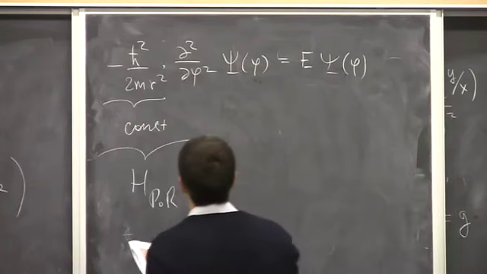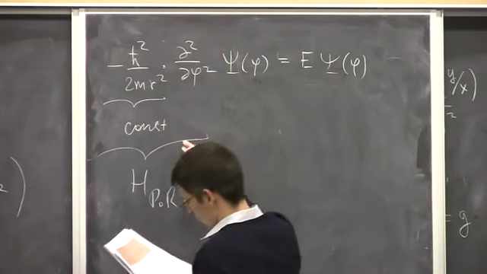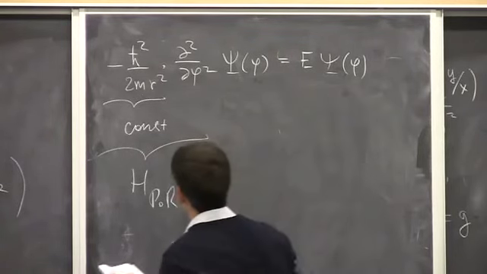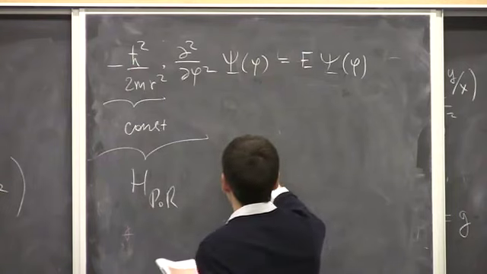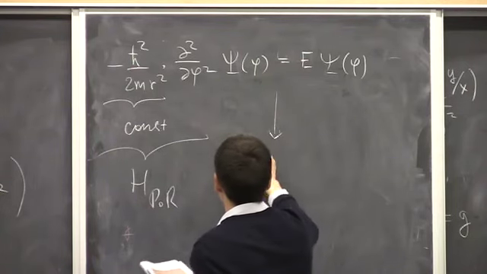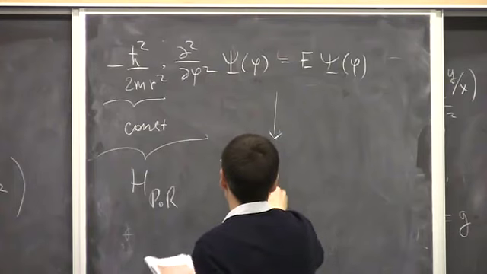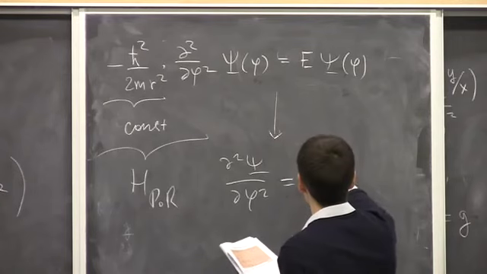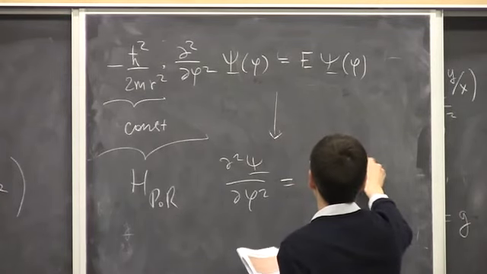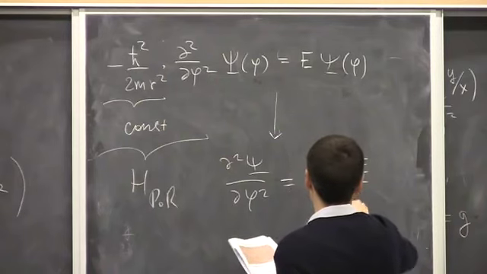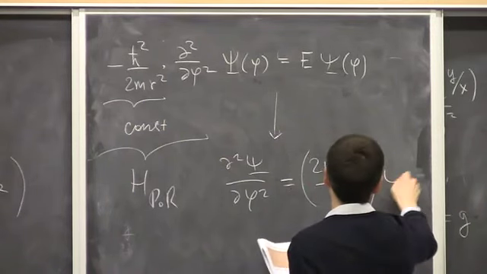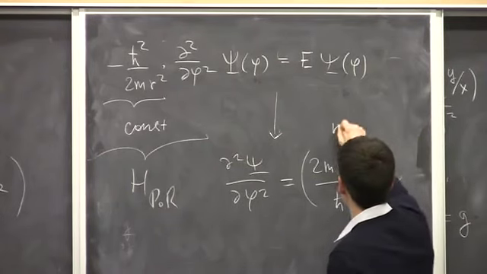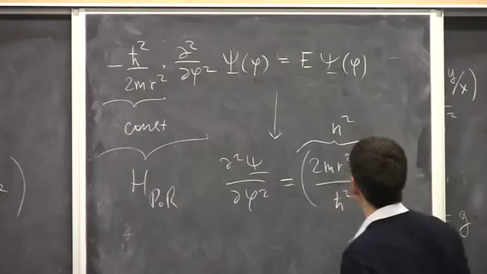All right, now let's say this constant, we put it to the right, and what we will get is second derivative with respect to angle is equal to a constant, 2mr squared E divided by h bar squared, times psi, right? And for simplicity, let's call this n squared.